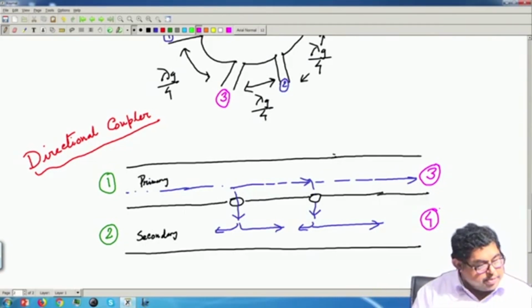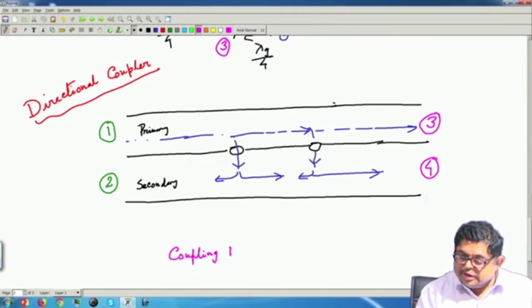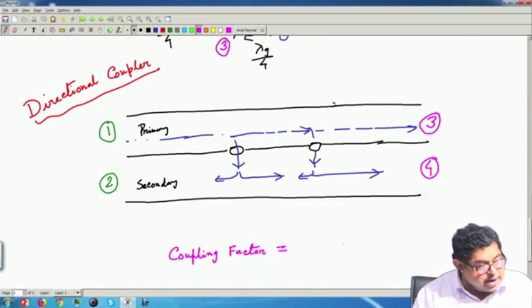The coupling factor, you will know the coupling, this is the characteristic parameter of any directional coupler.